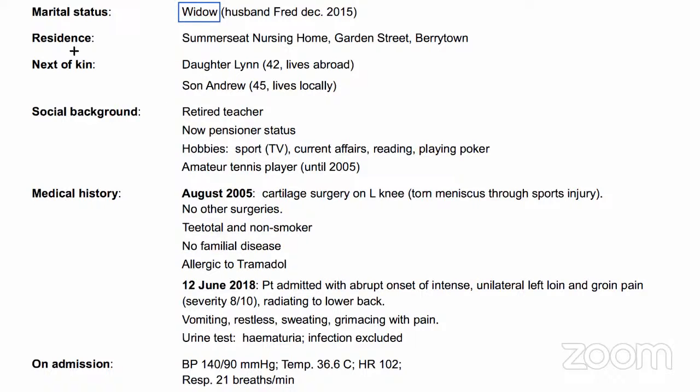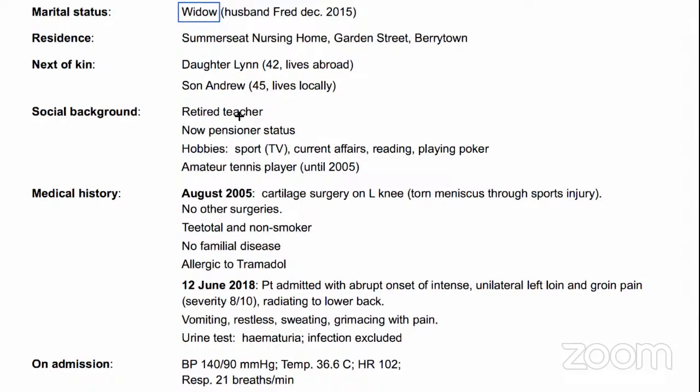So, she has daughter Lynn, 42 years, lives abroad. Son Andrew, 45 years, lives locally. So this is not that important now. Social background, retired teacher. She's a retired teacher. You can use this one.